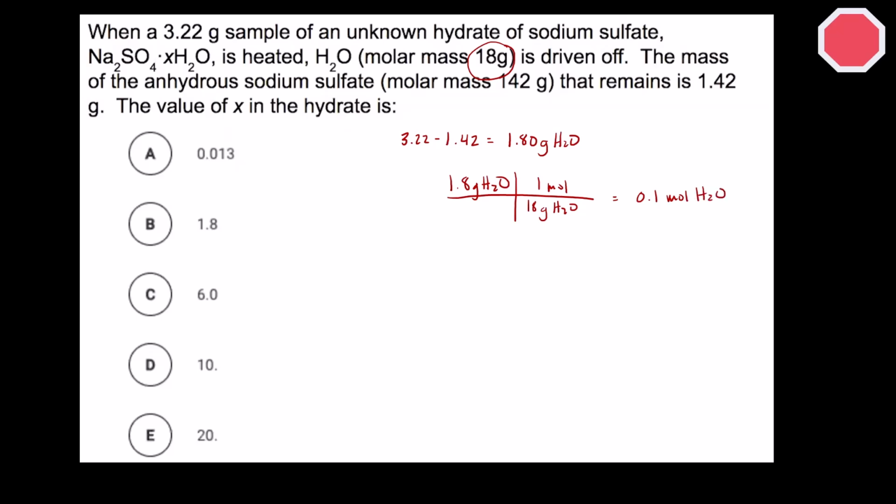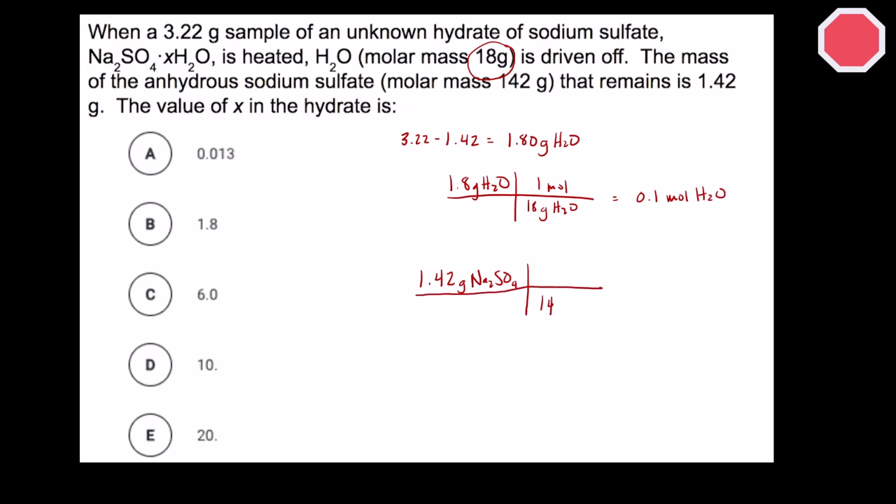The next step would be to figure out the number of moles of sodium sulfate we have. We are left with 1.42 grams, and that's our sodium sulfate. Again, you didn't have to know this was sodium sulfate for this problem, because it gives you the molar mass already, so it's not something you have to calculate.